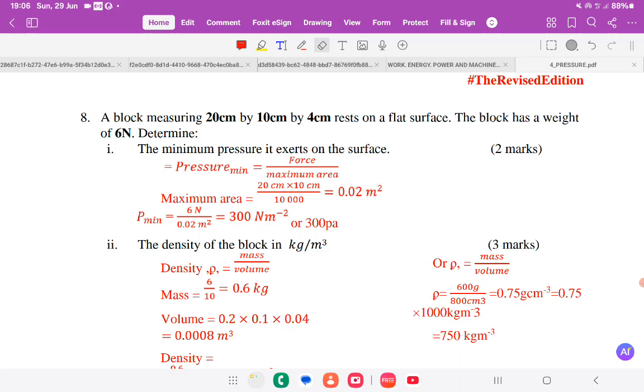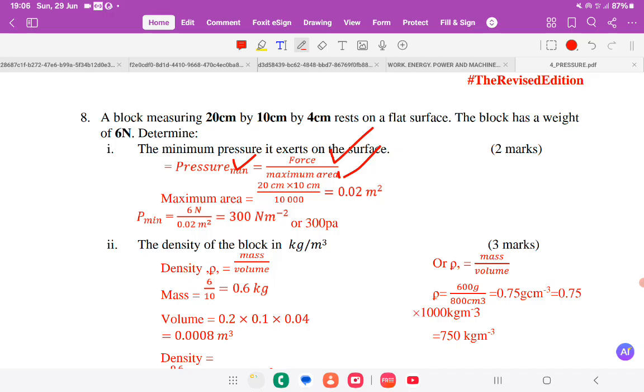So pressure using the formula, pressure is equal to force over area. Minimum pressure is force, which is the weight of the block, divided by maximum area. So how do you find the maximum area?